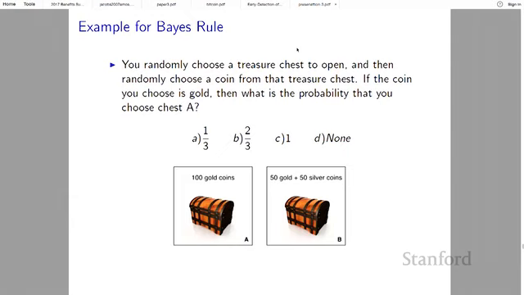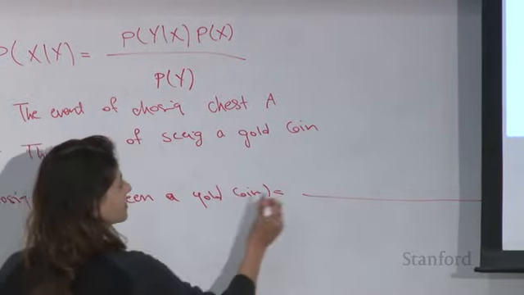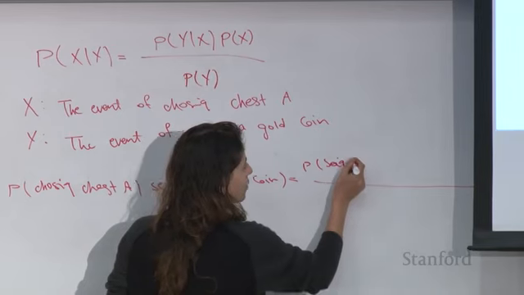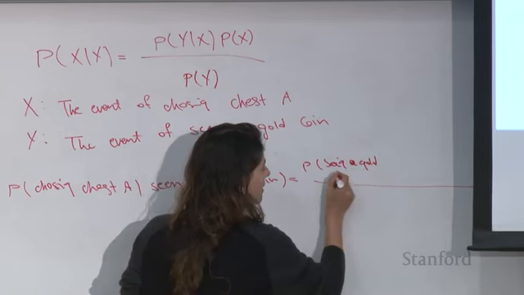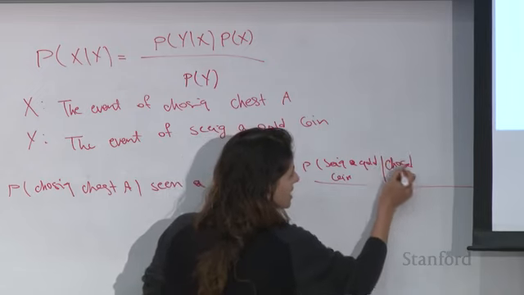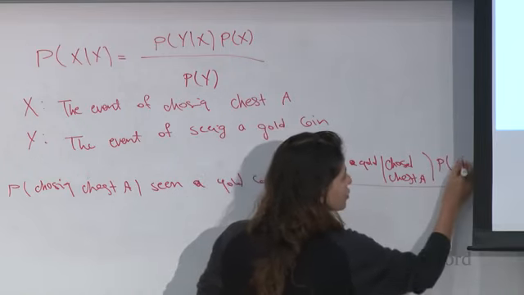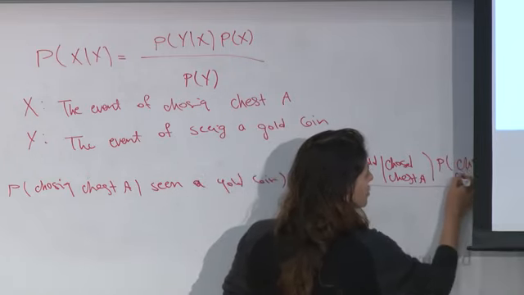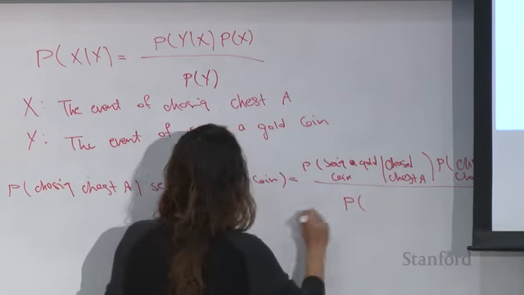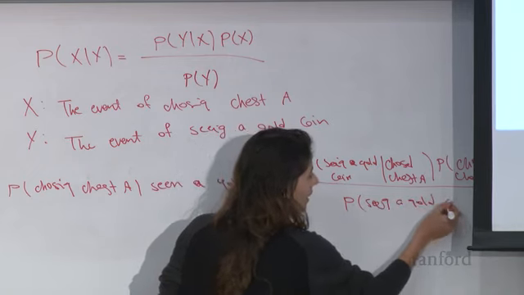To calculate this, according to the Bayes theorem, this equals the probability of seeing a gold coin given we chose chest A, times the probability of choosing chest A, over the probability of seeing a gold coin.